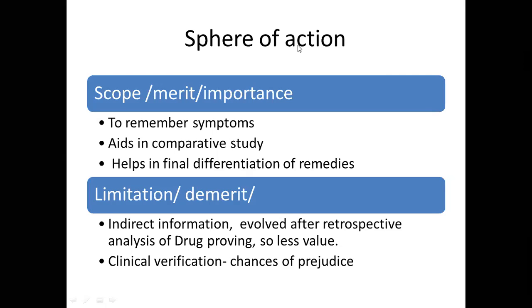So if in a case of the gastrointestinal tract, the totality of symptoms suggests, say, 5 remedies. Example, I'm again repeating, the case is related to a gastrointestinal complaint, and the totality is suggesting 5 remedies like Rhus tox, Ruta, Bryonia, Nux vomica, and say Chelidonium.